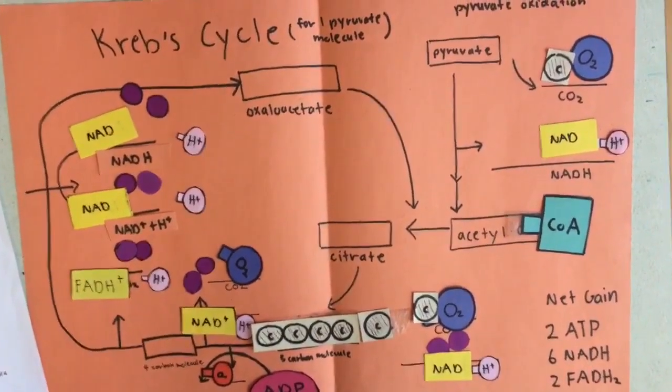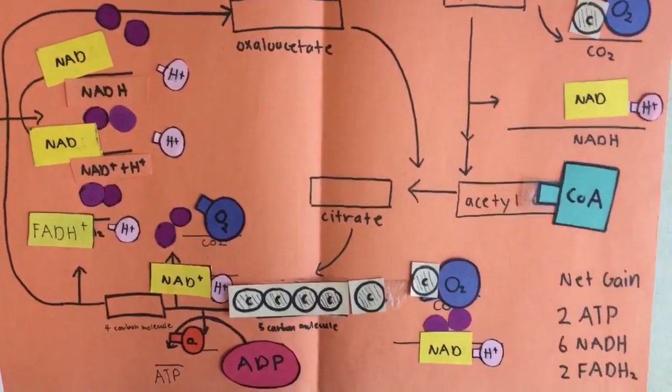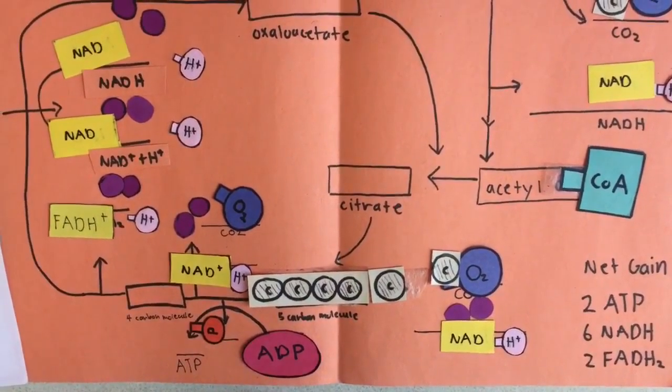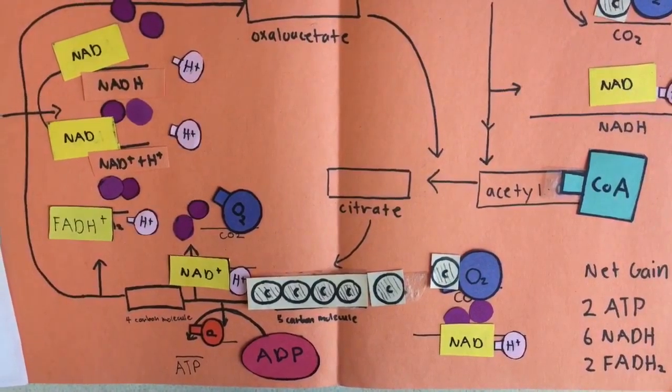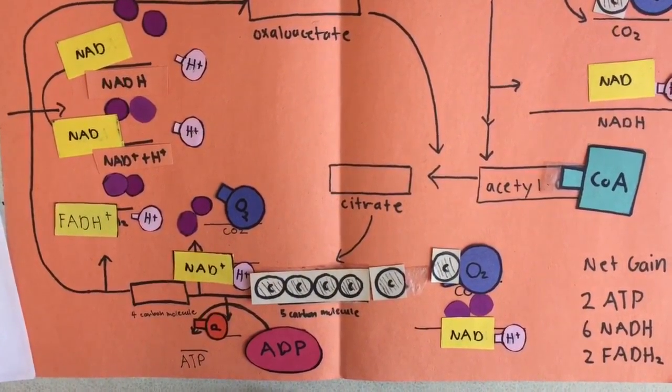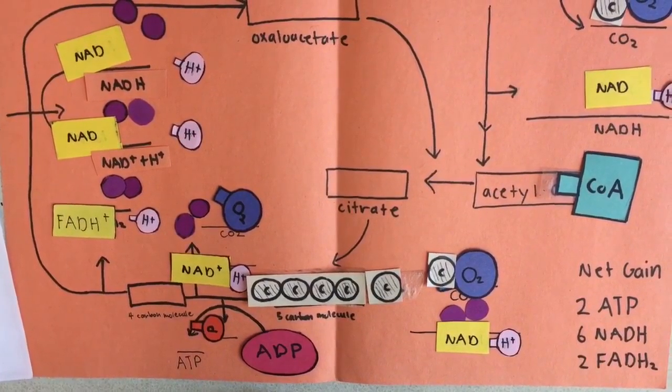The 5-carbon molecule then gets oxidized where a carbon is removed, making another carbon dioxide molecule, and the electrons are transferred to NAD+, which gets reduced and becomes NADH. A molecule of ATP is also produced.